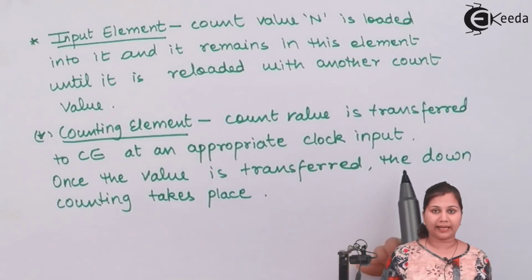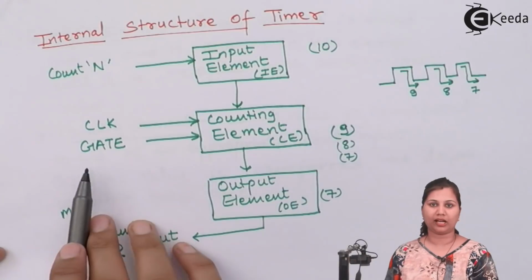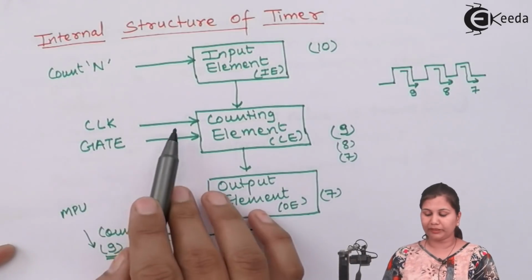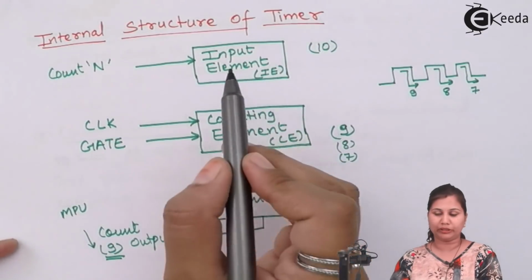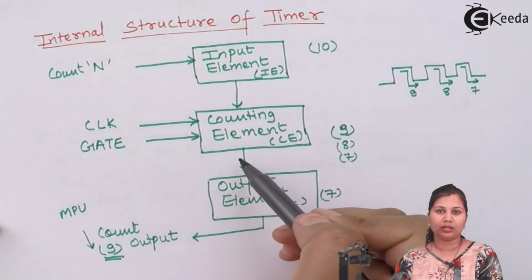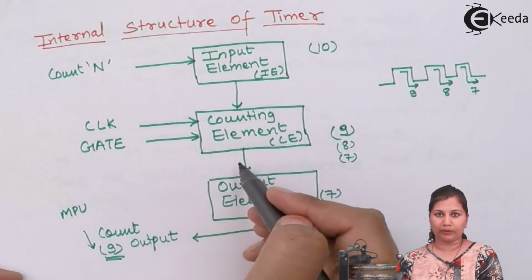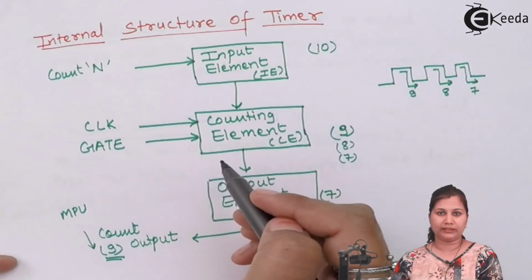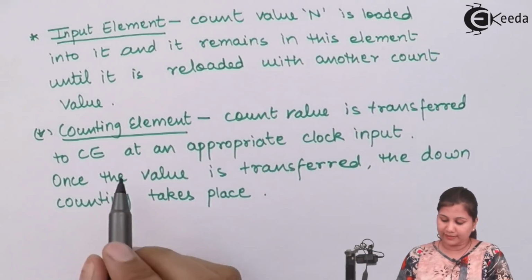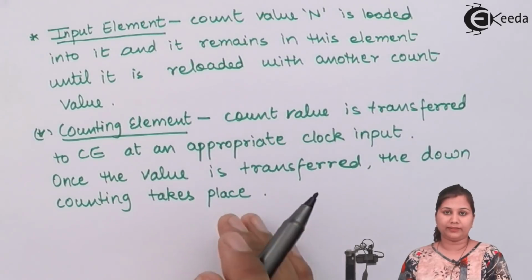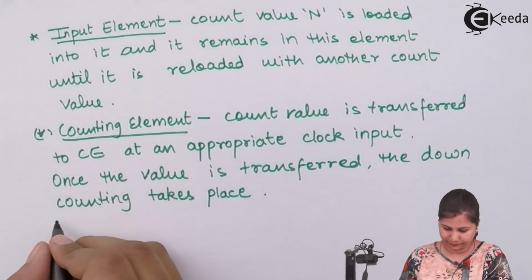You can see in the diagram that the clock input and the gate input are connected to the counting element. So at an appropriate clock input, the count loaded into the input element is transferred to the counting element. And once the count has been transferred, the down counting, that is decrementing the count, starts. The current value of the count is available at the output element.